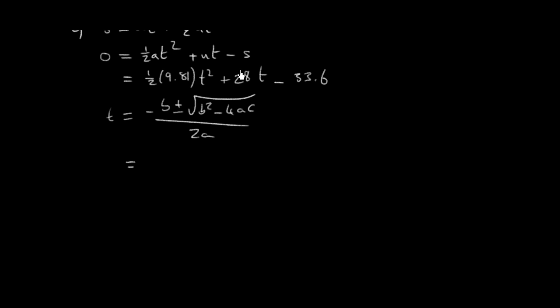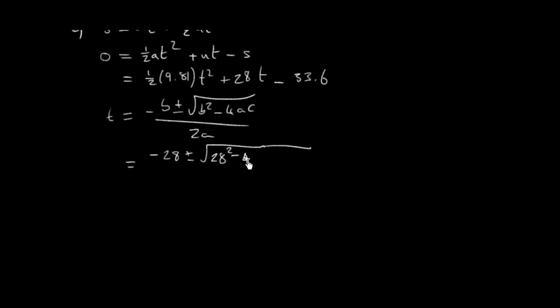Minus b, so b is 28, so that's going to be minus 28 plus minus the square root of 28 squared minus 4 times a, which is half of 9.81.